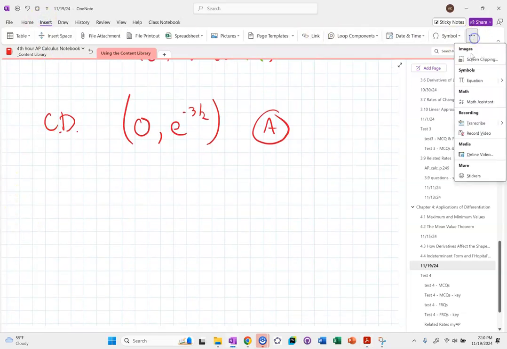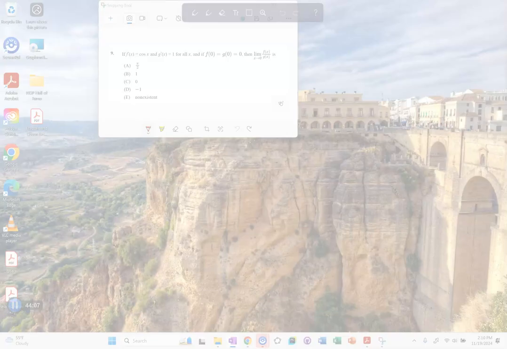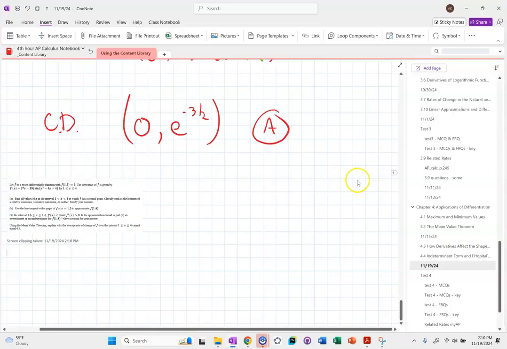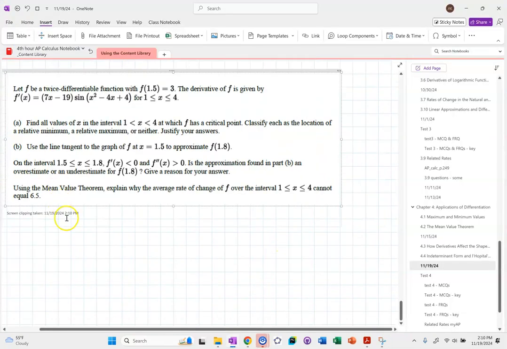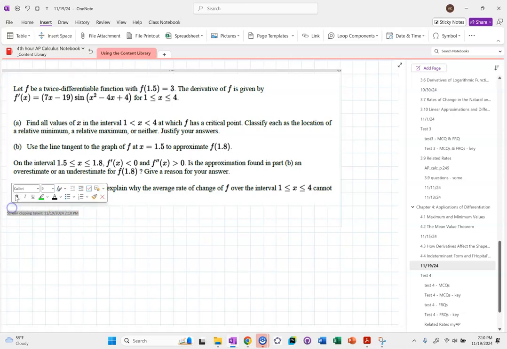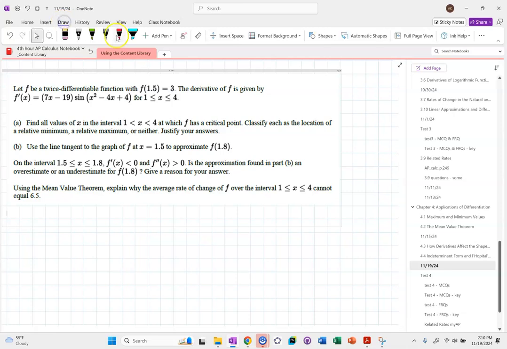So I'm just going to copy the problem part of it and skip some of the preamble. So 5 reads, let f be a twice differentiable function where f of 1.5 is equal to 3.